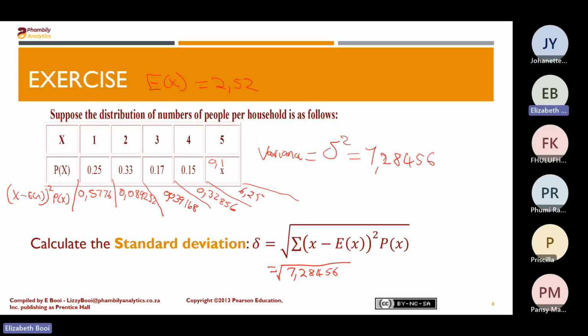And then we're going to take the square root of the answer, and we get the standard deviation of 2.69899, which we can estimate to 2.7 if we want to leave it at 1 decimal, or 2.70 if we want to leave it at 2 decimals, or 2.699 if we want to leave it at 3 decimals.